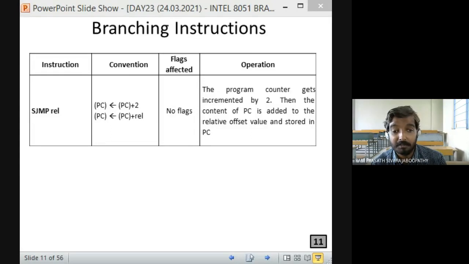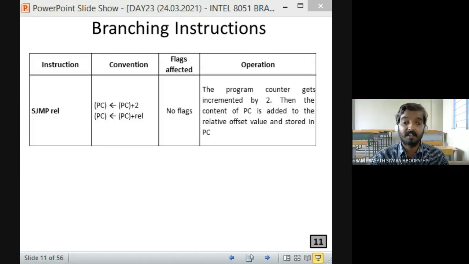Can you type the answer in hexadecimal? Yes, FBH. Very good. So what about the instruction we have to use if I want to jump 5 steps backward? SJMP FBH. That's all. This is the instruction we actually have to use.